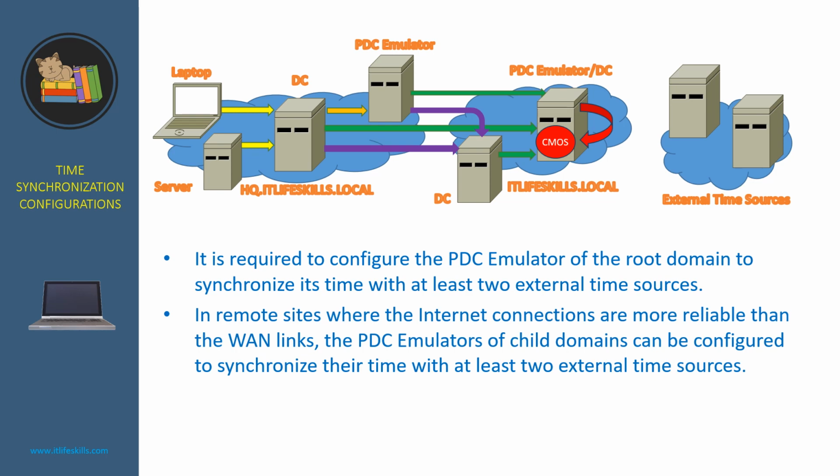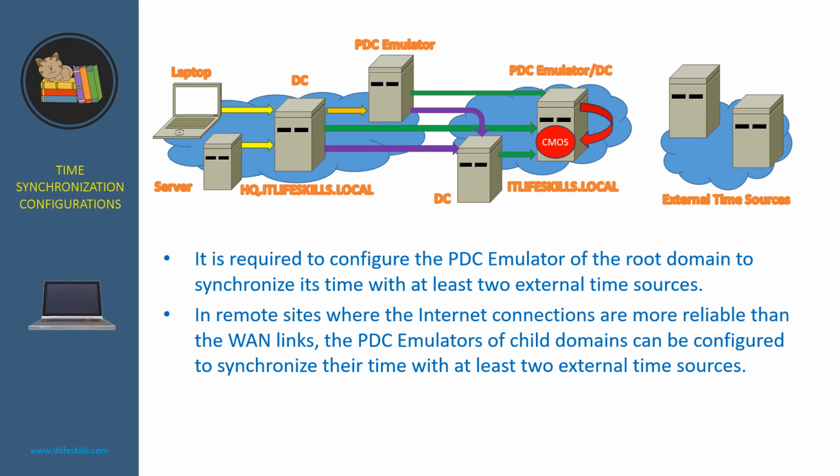As you can see with the default rules for time synchronization, the time of the entire AD forest relies on the CMOS clock of the PDC emulator server in the root domain, and the CMOS clock is not a reliable time source.